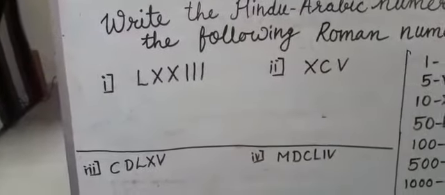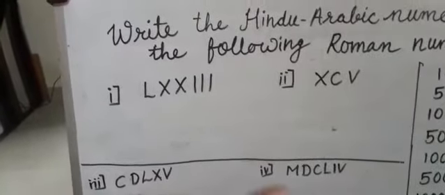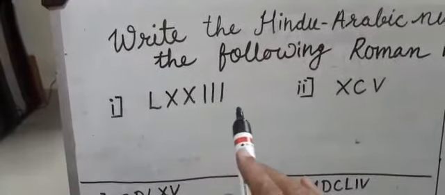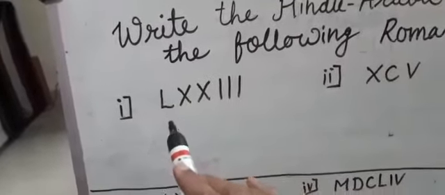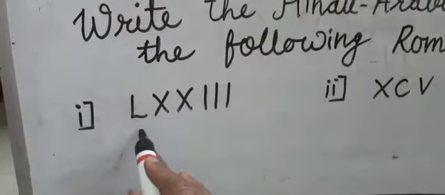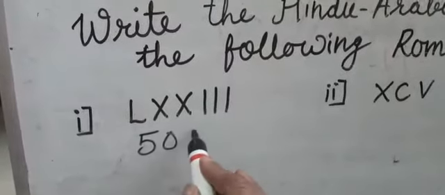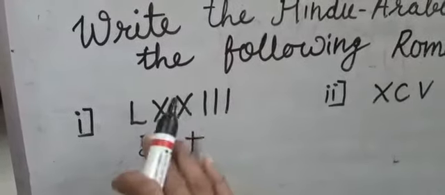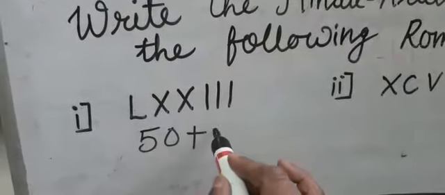For this you should remember all the rules which we have learnt. Now first, here you can see all the values are in increasing order. It means all these values will be added. You know what is the value of L? Just now we have revised, the value of L is 50. So first I am writing the value of L. As all the values towards the right hand side are smaller, all the values will be added.